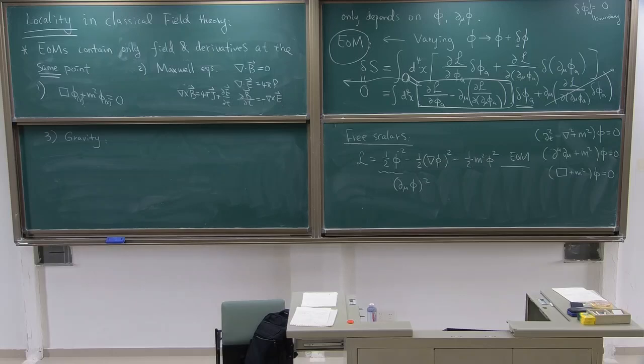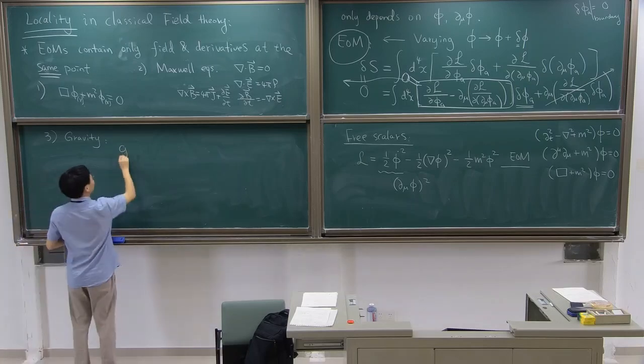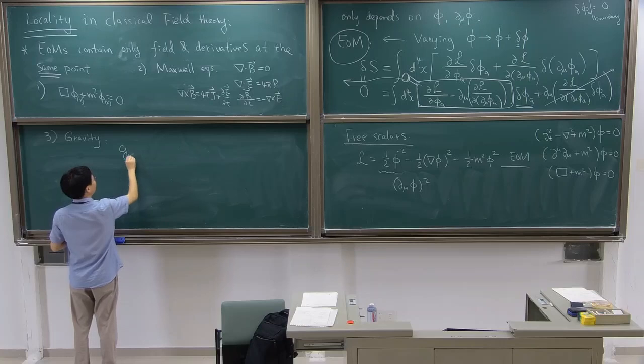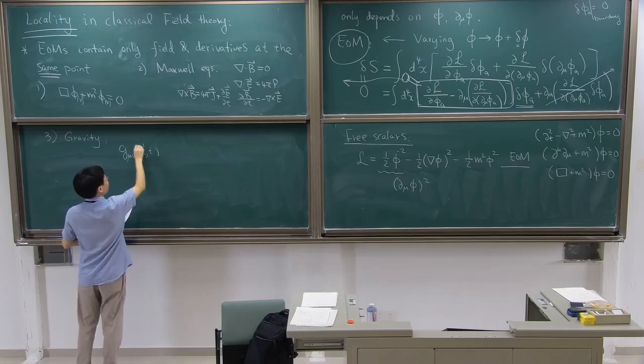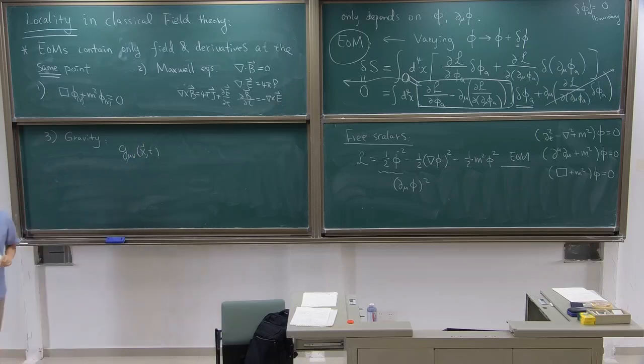It's okay if you don't know what Einstein's equation is. You can check yourself that it is also a local equation of second order, where the terms only include quantities at the same point.